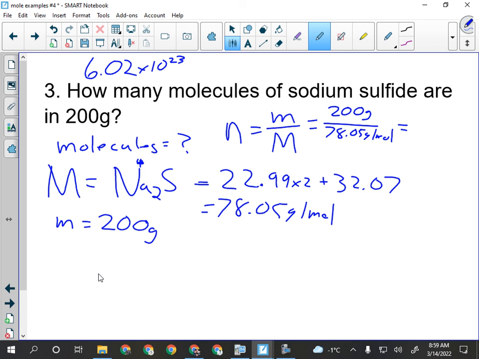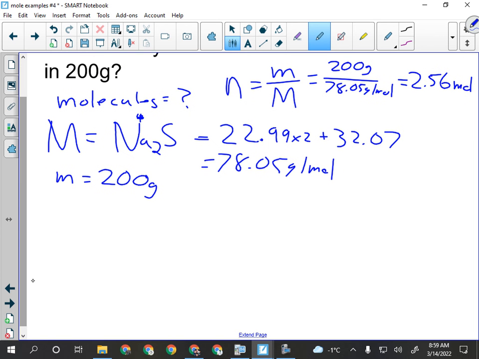And I'm going to keep all those decimals in my calculator because I'm about to multiply by a ginormous number. Okay, so now that I have the number of moles, I can calculate the number of molecules because Avogadro's number is the number of molecules in 1 mole.